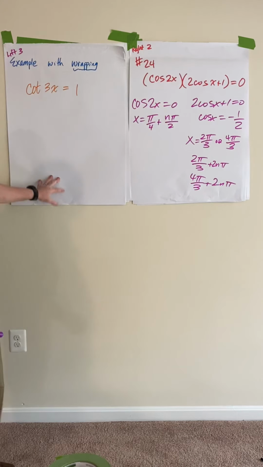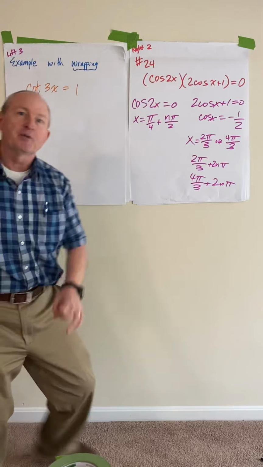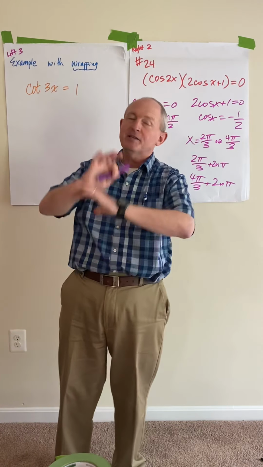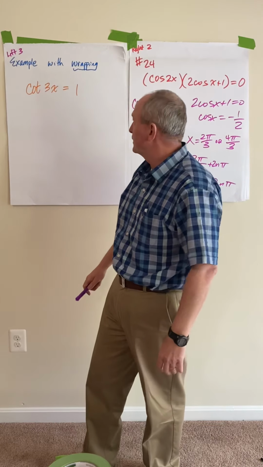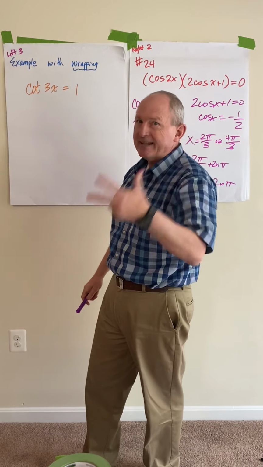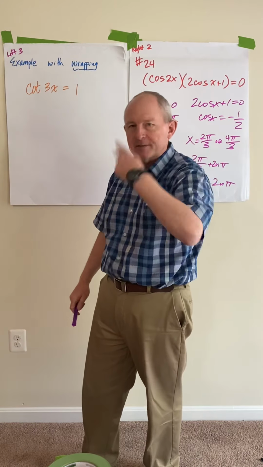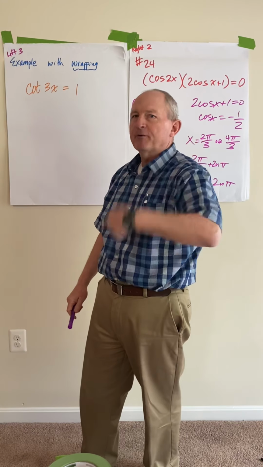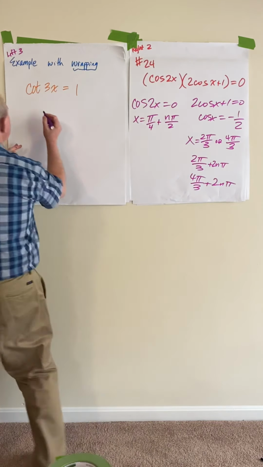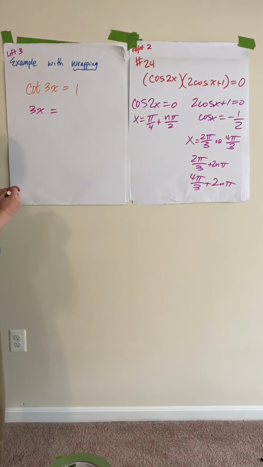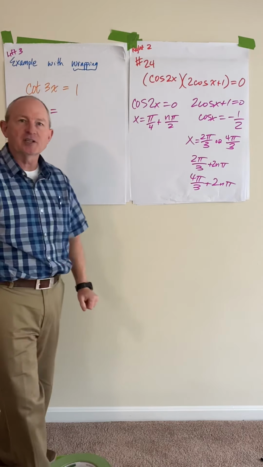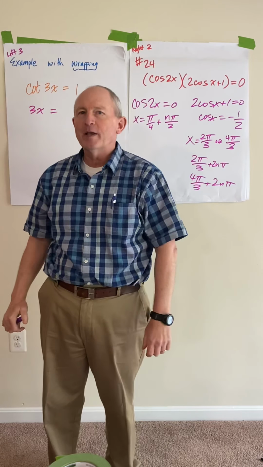All right, so cotangent of 3x equals 1. Again, we're just going from 0 to 2 pi. All these problems are 0 to 2 pi. That 3 tells me I'm going to be wrapping 3 times. So I'm going to say 3x equals... When is the cotangent of an angle equal to 1?